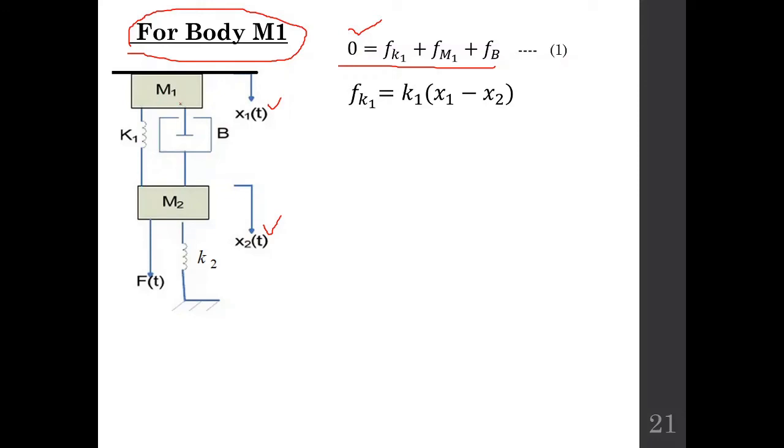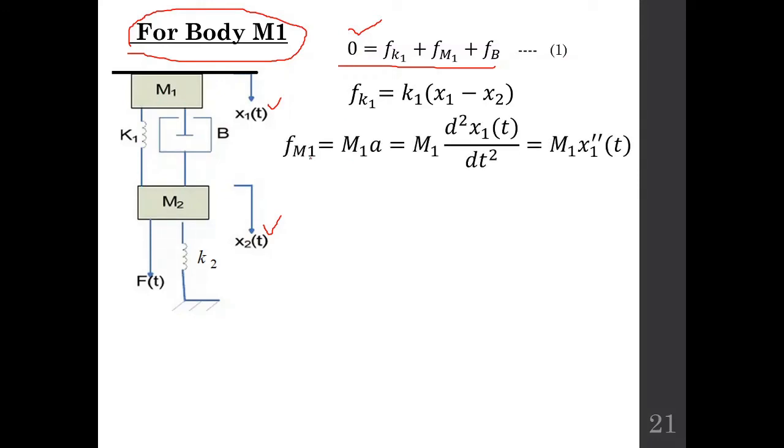So this is the opposing force of the spring K1 attached to this body M1. Similarly, the inertial force of the body M1, M1 into a, is equal to M1 into the double derivative of x1, because this body is connected to this displacement.